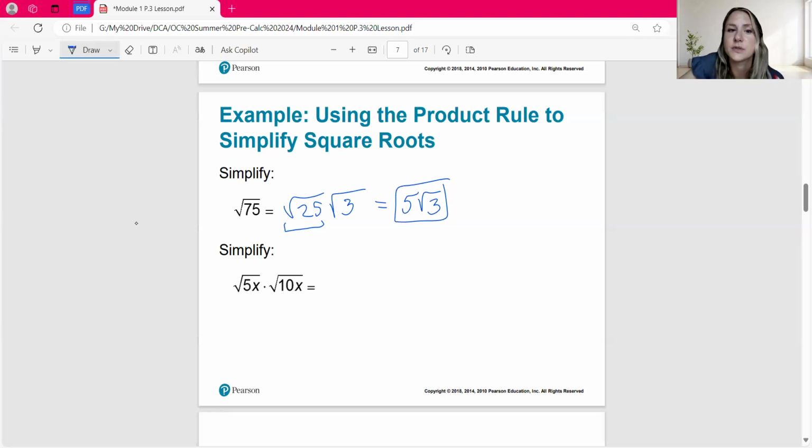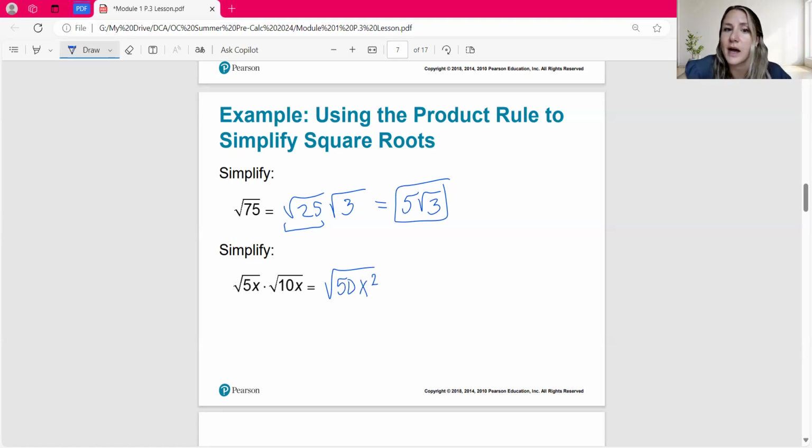The other way to use the product rule is in this example. In this second example, we have two radicals separate, and the product rule tells us that we can combine them. So now I can rewrite this: 5 times 10 gives me 50, and x times x gives me x squared.